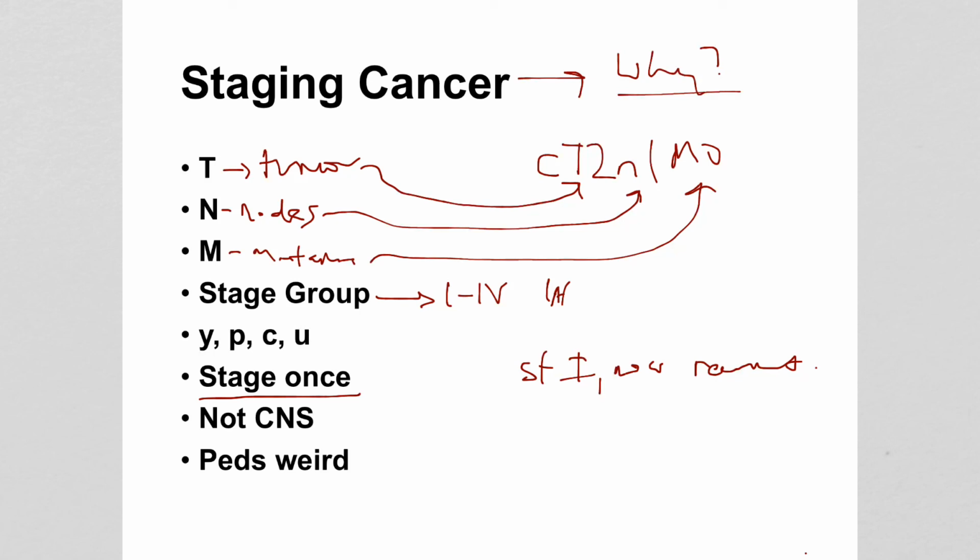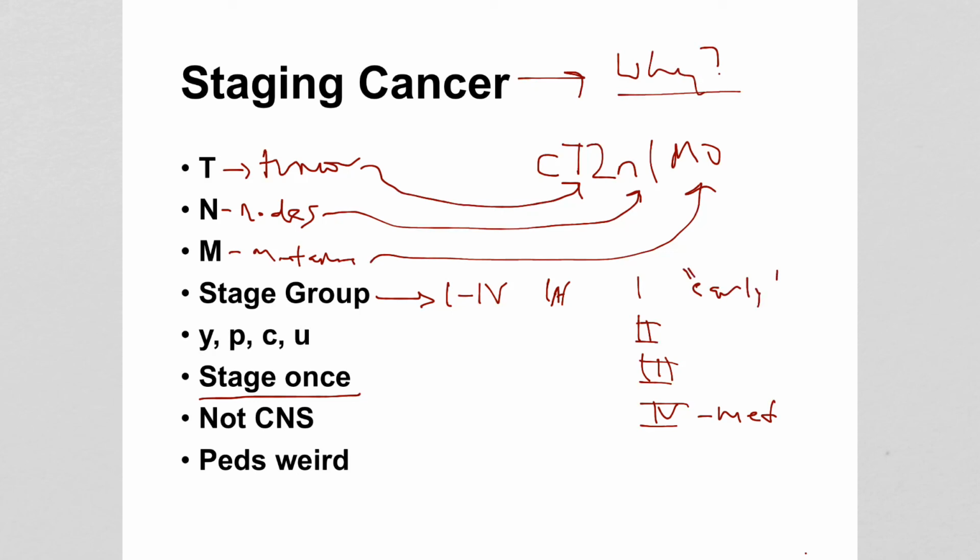Now, I am going to erase some of this stuff here, and I'm going to draw a little bit about when we think about stage 1, 2, 3, and 4. Typically, stage 4 is metastatic disease. Stage 1 tends to be early, called early disease.